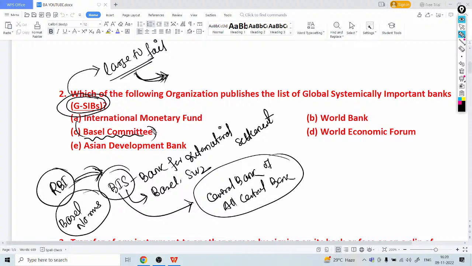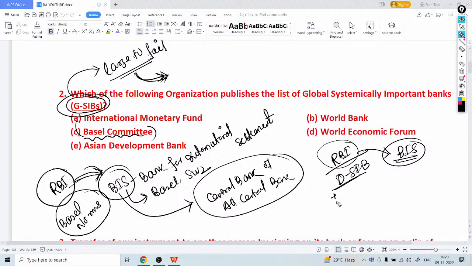the management and supervision. In India, the Reserve Bank of India sets D-SIB based on the standard of BIS, as per the rules and regulations of BIS or Bank for International Settlement. Reserve Bank of India fixed D-SIB or domestic systemically important banks, which are too large or too big to fail.